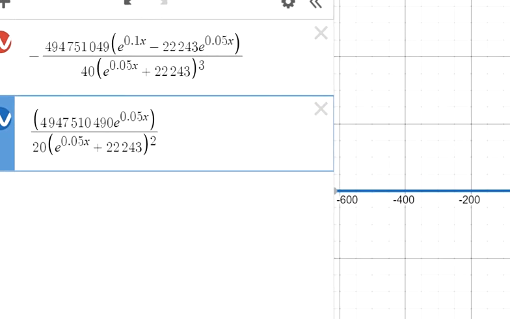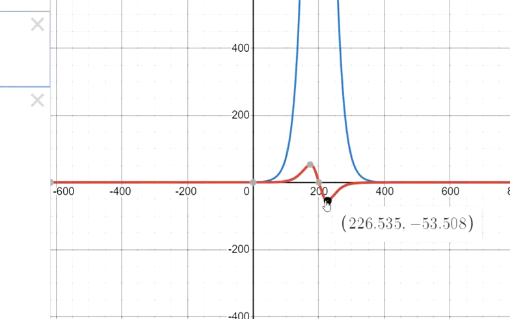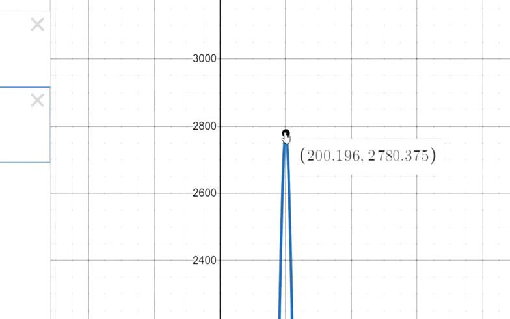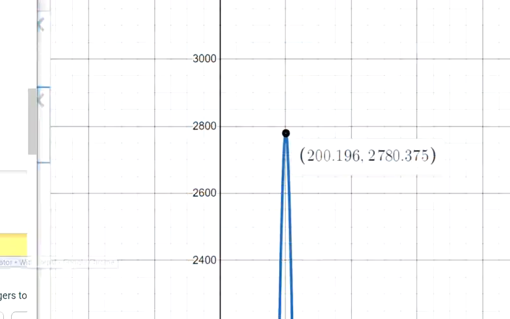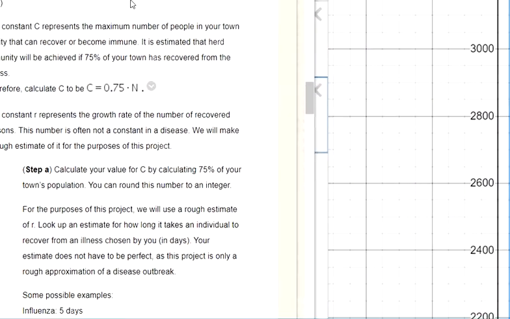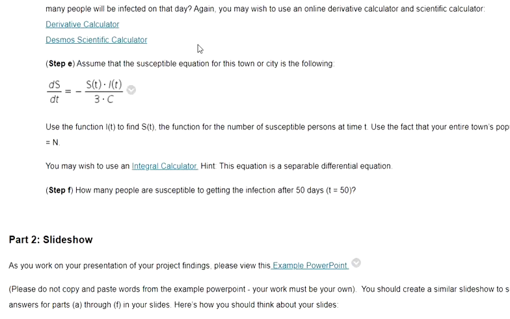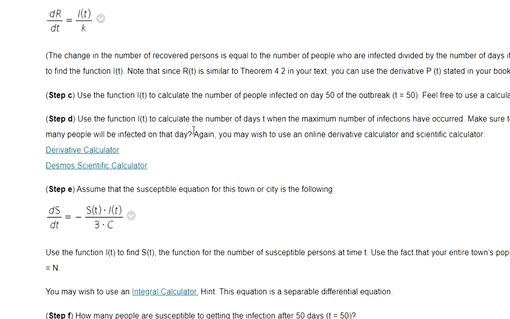So if you graph the original infected equation, look at our first derivative: when we set it equal to 0, we got 200 for a maximum. And if you graph it, it's confirmed, right? At roughly 200, we reach a maximum for the number of infected people, about 2,780 people. So that's what we'd say. That's our answer for part D here.